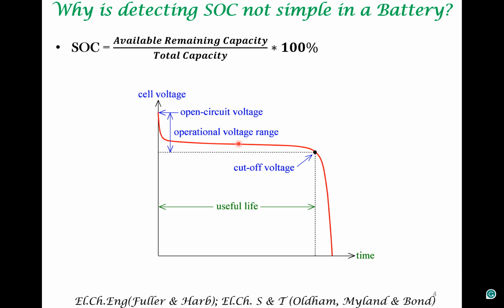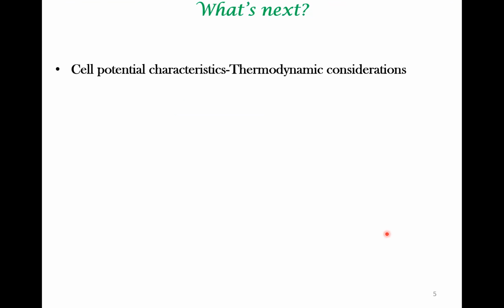In a lead acid battery, even if you expose it to atmospheric conditions, nothing happens. The electrolyte is not combustible and so on. But in some other battery chemistries, there are no simple measures of state of charge. So this is a challenging issue. But right now we have just presented what exactly we mean by state of charge.